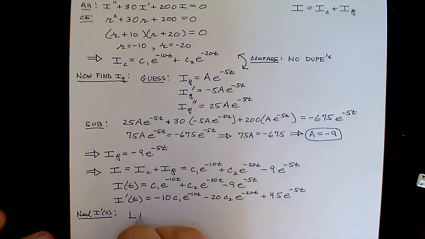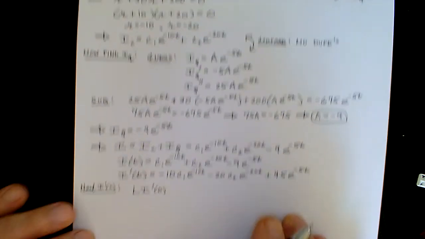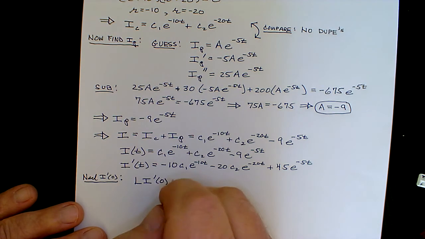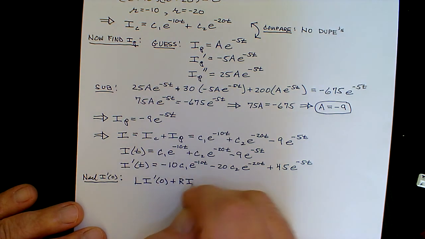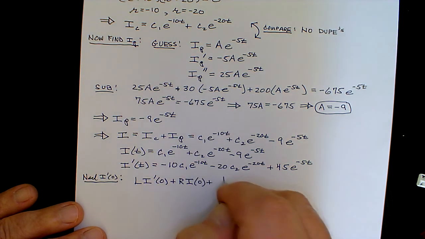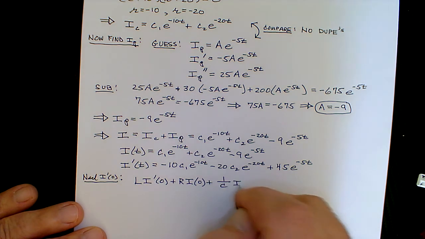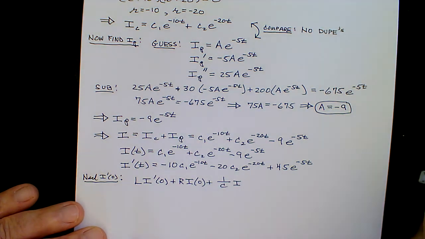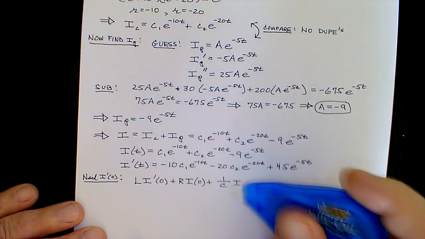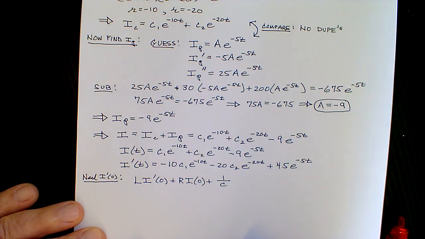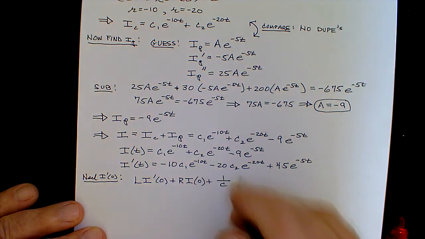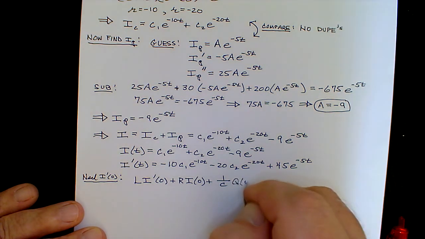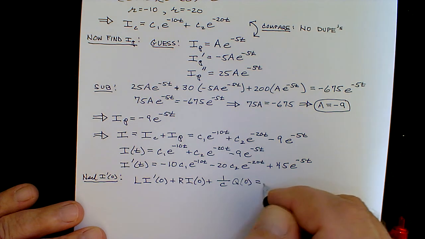So that was the special equation. Recall that we used last time, L I prime of 0 plus R I of 0 plus 1 over c times q of 0 is equal to e of 0.